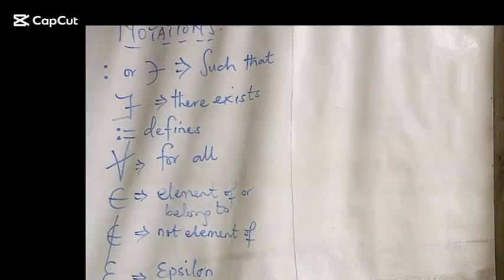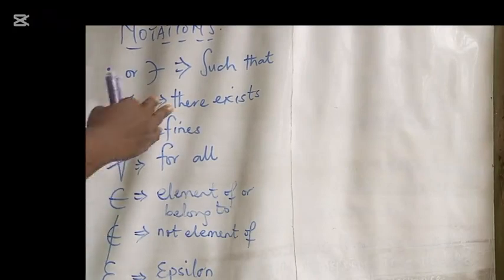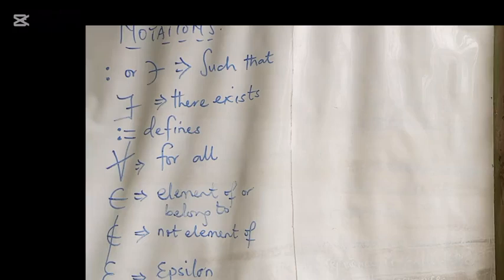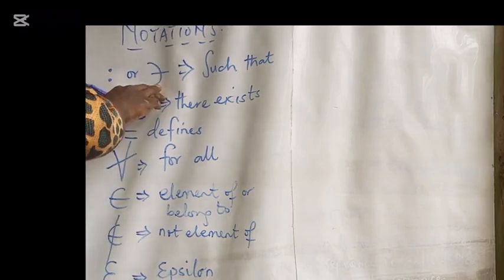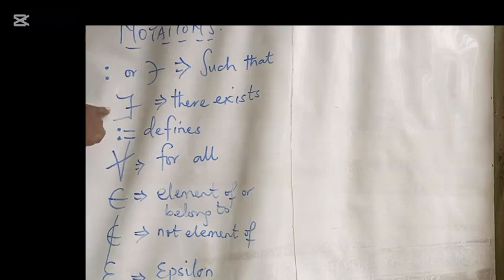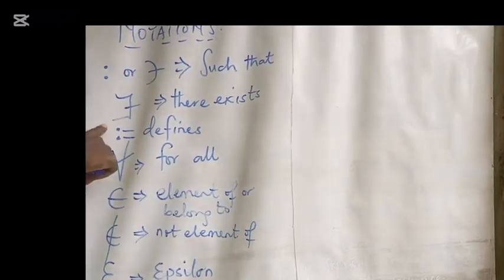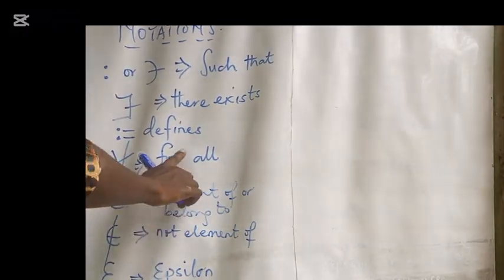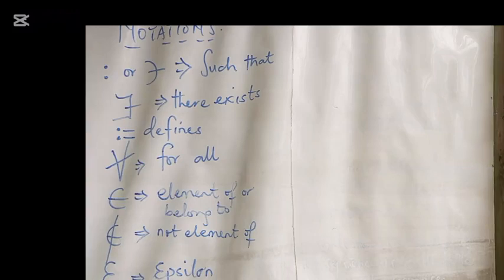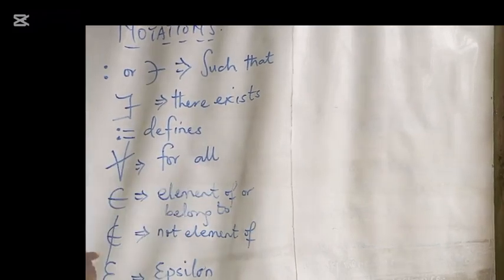Some of the notations which you'll be looking at or which you'll be using in the course of this class on real analysis is the semicolon, or this symbol which we call "such that." The symbol written like this, there exists. When we have this, we say it refers to defines, and then the V with the slash refers to for all.